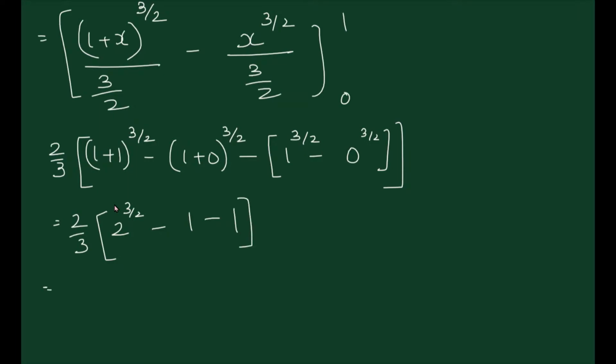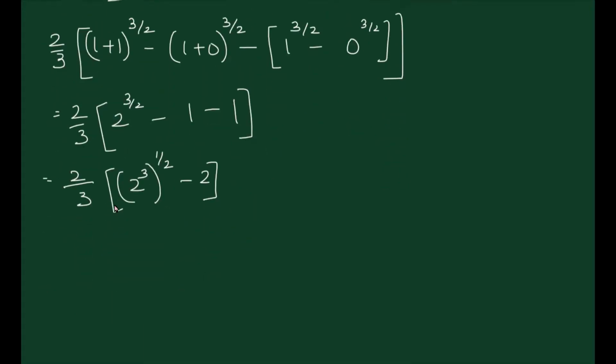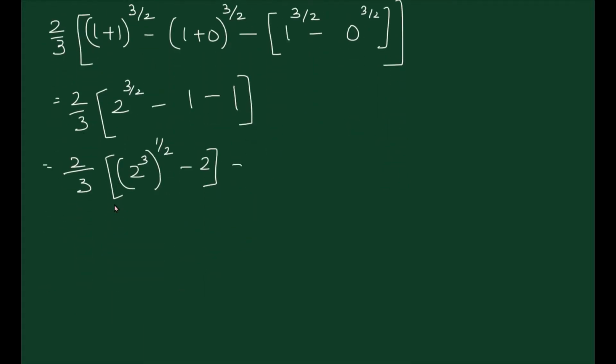So in this way we get 2 upon 3. Now look carefully: 2 raised to 3 by 2 is actually (2 cube) raised to half, minus 1 minus 1, which is minus 2. So we write 2 upon 3 times (root of 2 cube minus 2).